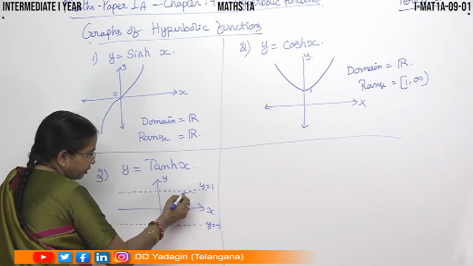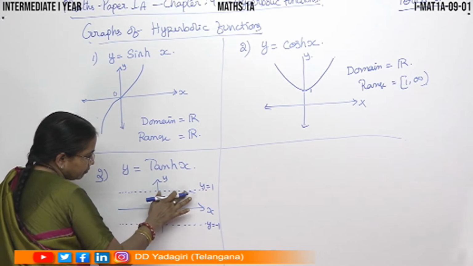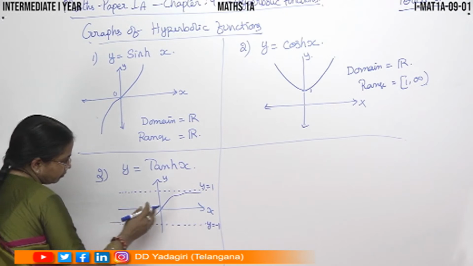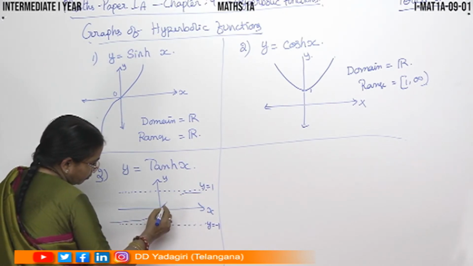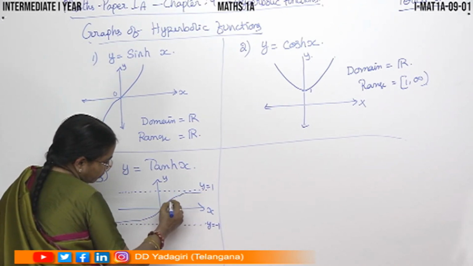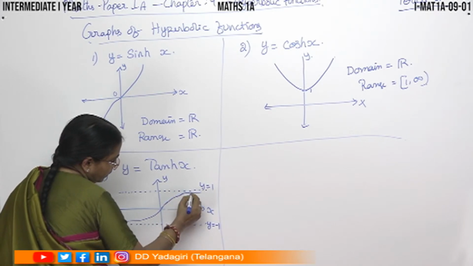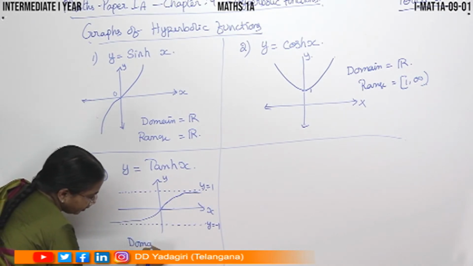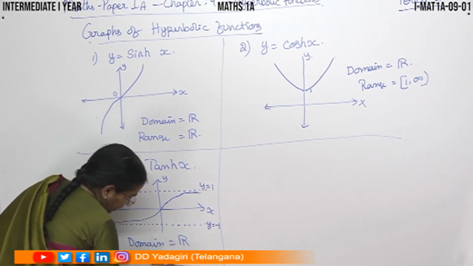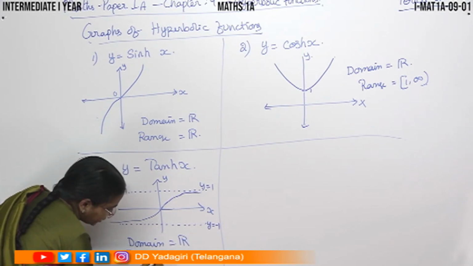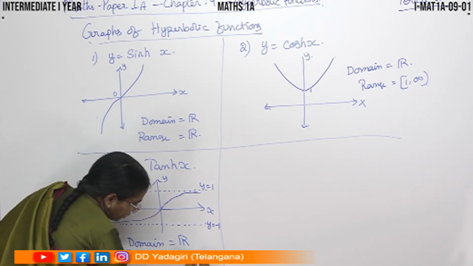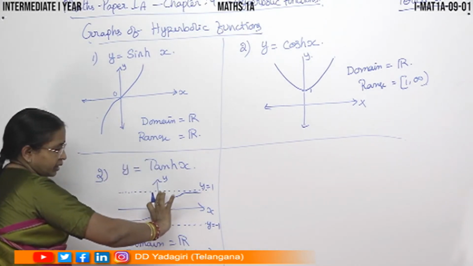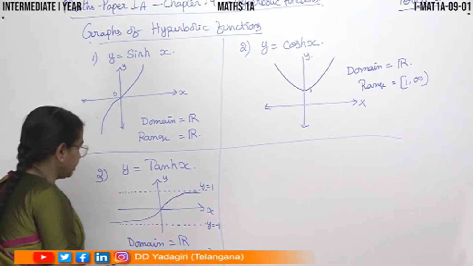Your graph will actually lie between them. Here the domain is the real number set, and the range is between minus 1 and 1. So this is the domain and range.